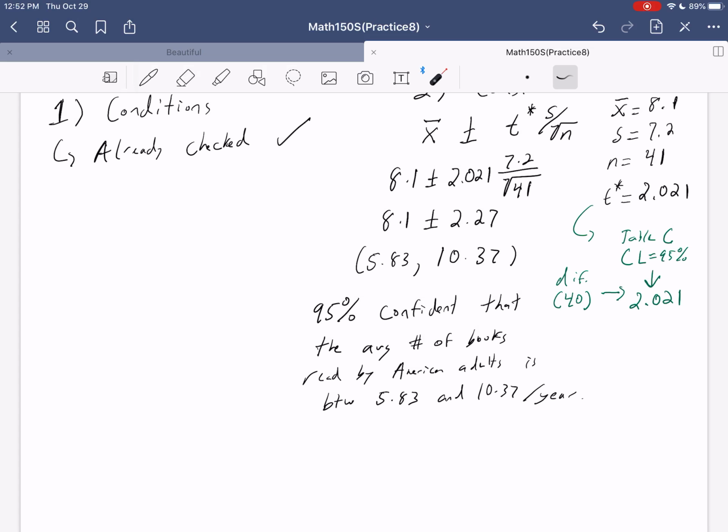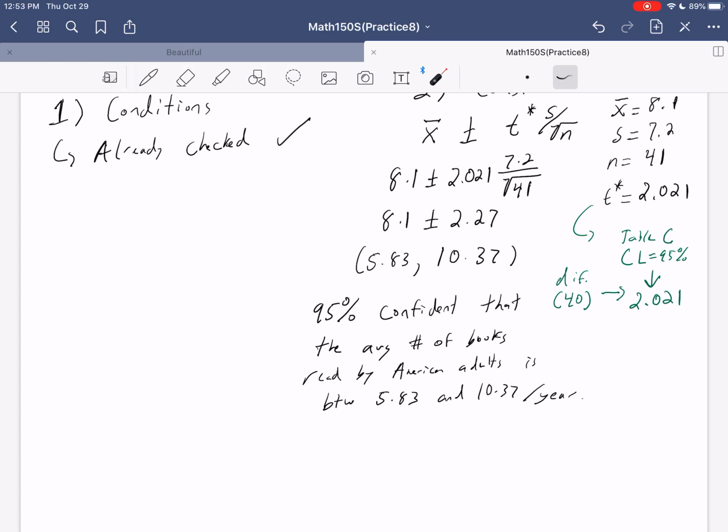Notice also, as we talked a little bit about in the lecture videos, there is a deep connection between confidence intervals and hypothesis tests. Hypothesis tests, again, are doing something different. They're looking for evidence, while confidence intervals are trying to build estimates, but they are related procedures. And you'll notice that in this range, 5.83 to 10.37, is the value 9.5 from our null hypothesis, which is why we were unable to throw that value out.